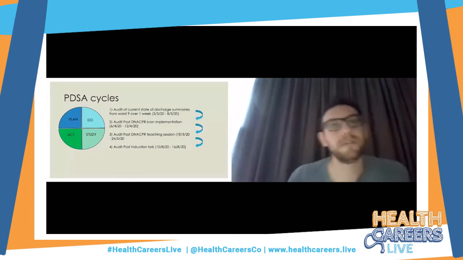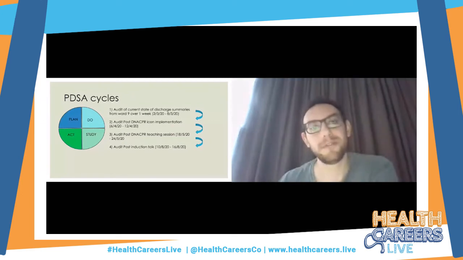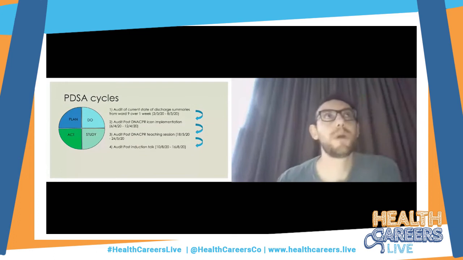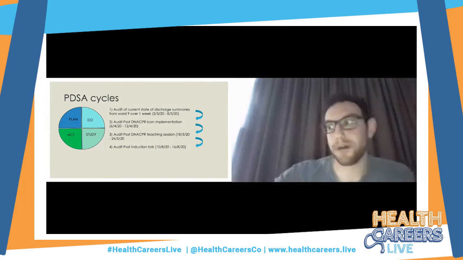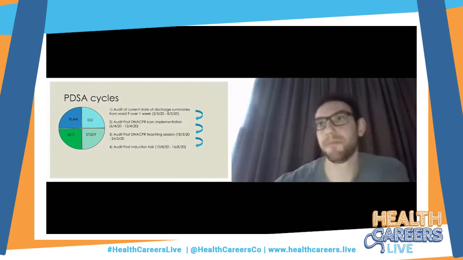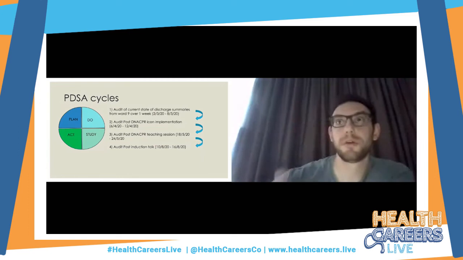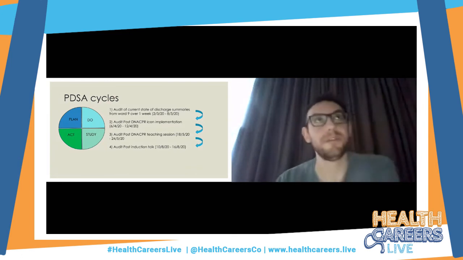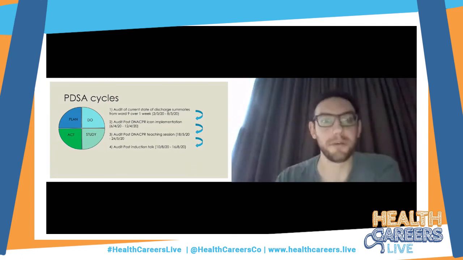Our interventions were, so we had 3 cycles, and the first wasn't really one we implemented, so whether we can actually take credit, but it was a useful one to see if there was a change. So at this time, the situation with coronavirus was at full swing, so DNA CPR was very much at the forefront of everyone's mind.